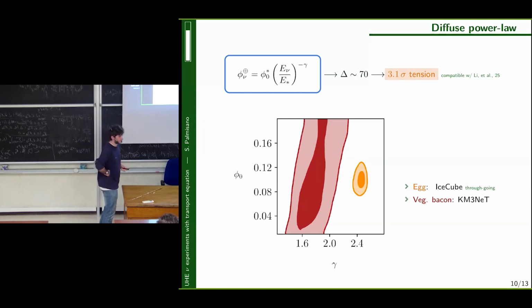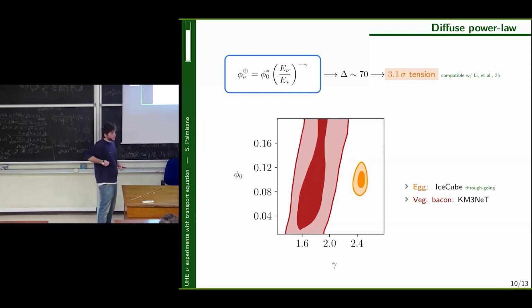I'm not sure that I have perhaps a backup slide of this. I think I do, but in each bin you have a Poisson likelihood, which represents the expected number of events and the measured ones. Then the likelihood for IceCube is just a product of the likelihoods per bin.